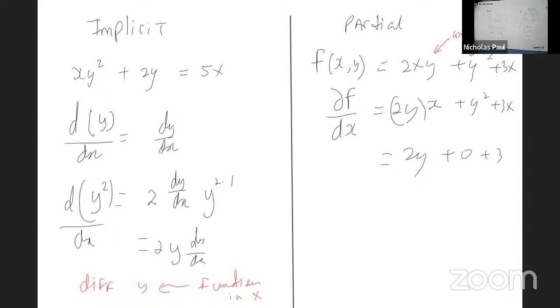All right, online, does that make a little bit of sense? Aiden, Celine, are you okay with that? So implicit, y is a function; partial, x or y will be constants. One's a variable, one's a constant. Okay?